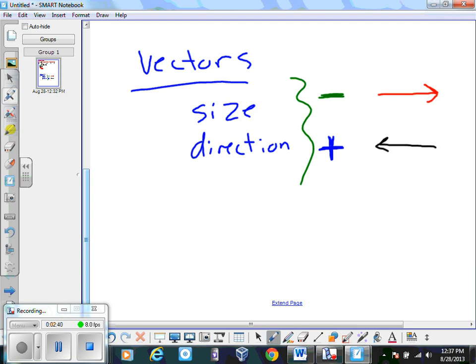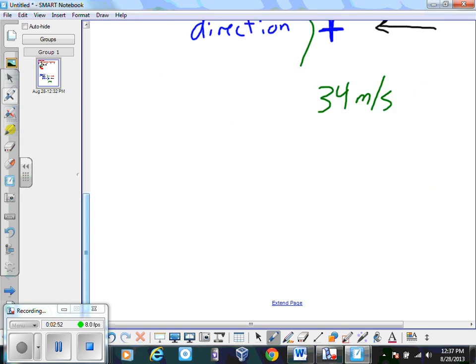So if I say I have 34 meters per second, that alone is not considered really a vector because there's no direction. Now, we're going to be doing vector work a lot, so if we say this is a velocity and you know that it's a vector, then what's assumed here is a positive, okay?